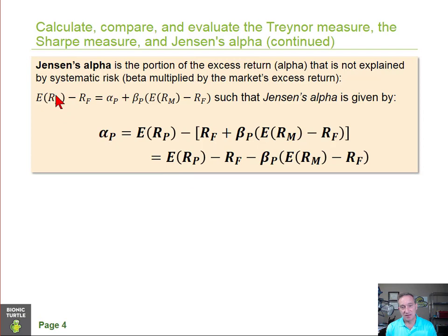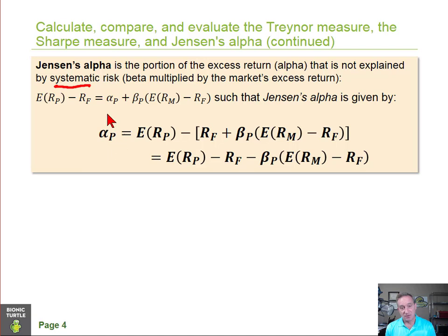We also have the Jensen's alpha, and that's the portion of the excess return that is not explained by the systematic risk. By the way, notice I'm recently sensitive here to that distinction. We correctly have systematic risk here and not systemic risk.